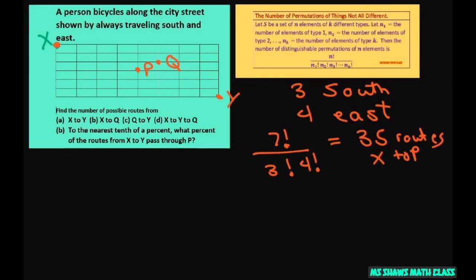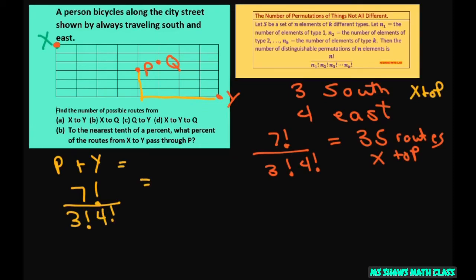Similarly, we have the same thing going on with this one: 3 south, 4 east from P to Y. So this one was from X to P, and then from P to Y, that's going to be the same thing. 7 factorial divided by 3 factorial times 4 factorial, which is 35 routes.